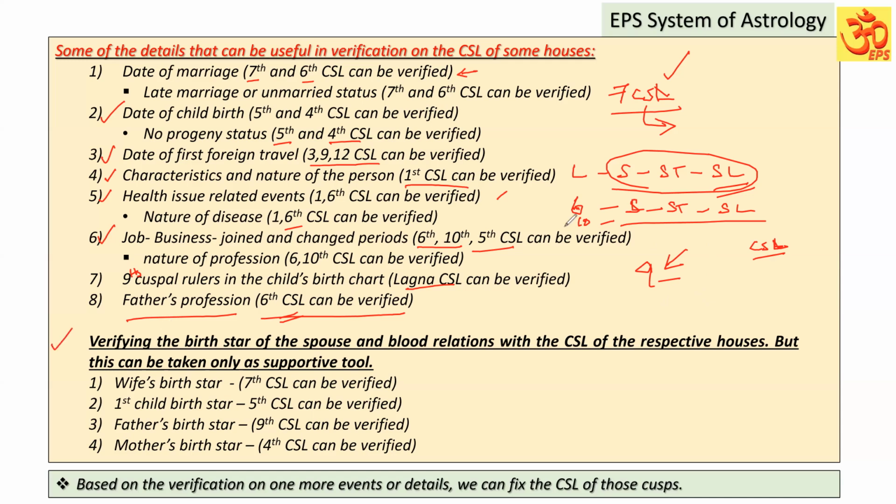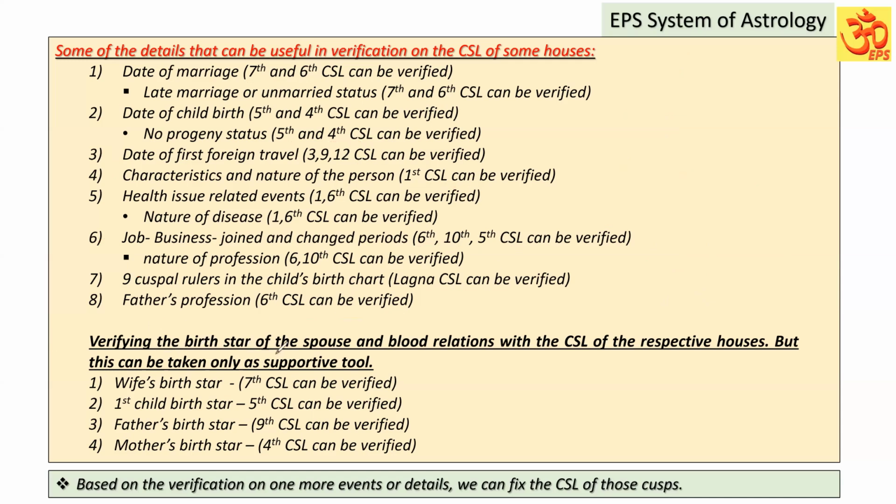Another point: verifying the birth star of the spouse and blood relations with the cuspal sublord of the respective houses in the natal chart. But this can be taken only as a supportive tool. Just with this, we cannot fix the cuspal sublord.